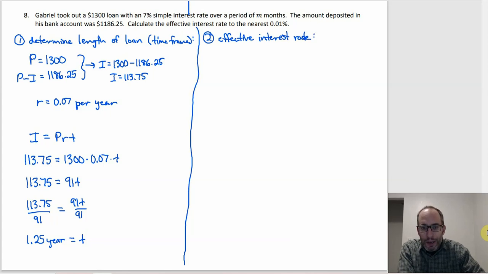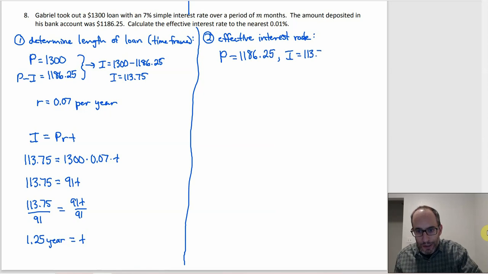Okay, so P is the amount that Gabriel actually gets here, right? Because it's from his perspective. So here P, the principal that he starts out with, is 1186.25. And we know that the interest is 113.75. And we know that T is 1.25.